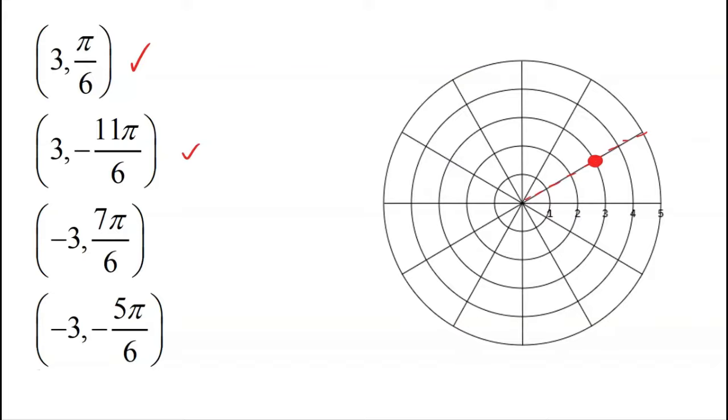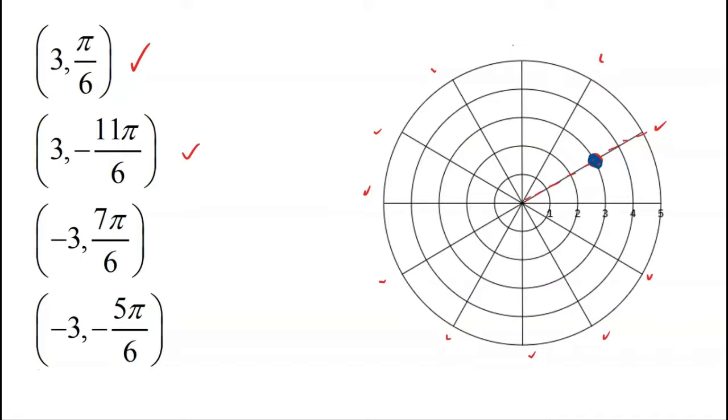Measuring that negative angle, negative 11 pi over 6, that's just going in a clockwise direction, going down. So we got negative 1 pi over 6, 2, 3, 4, 5, 6, 7, 8, 9, 10, 11 pi over 6. It's that same terminal side. Pi over 6 and negative 11 pi over 6 are the same terminal side. And then I have a radius, or an r value, of 3. So that's going to end at that exact same spot.